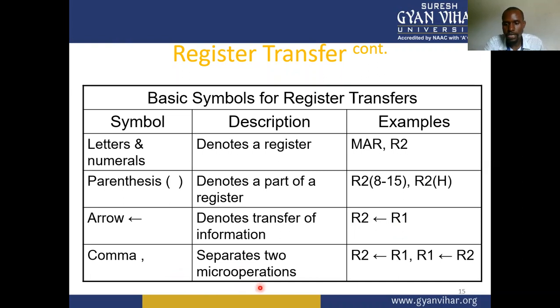An example of the same is R1 transferring its contents to R2, and then we have another microoperation, that is R2 loading information into R1. So these are two microoperations represented together, separated by a comma.